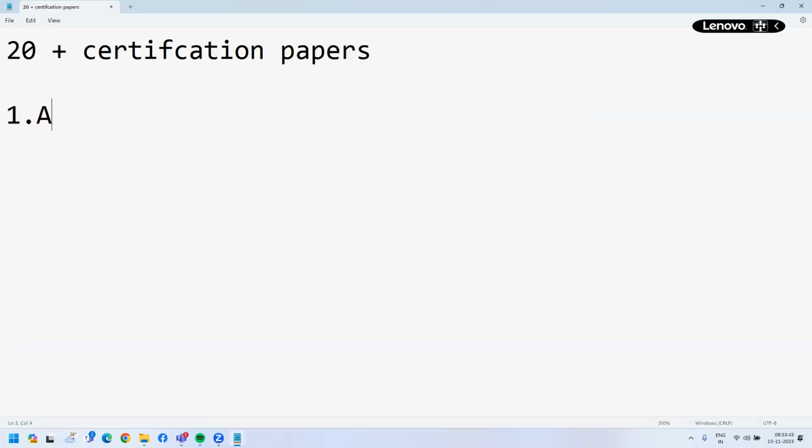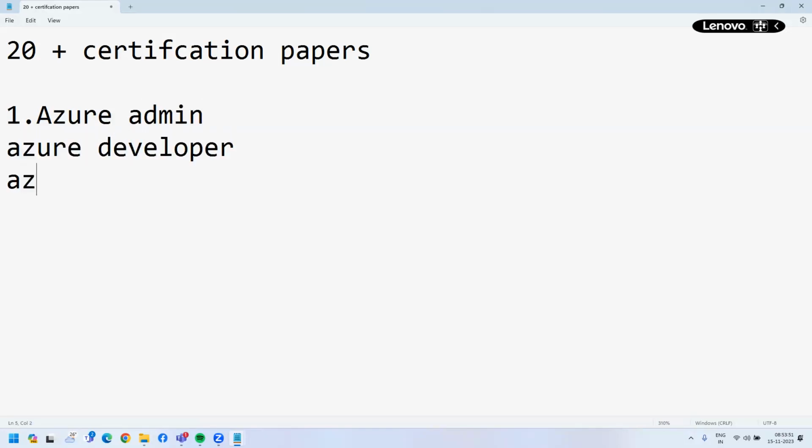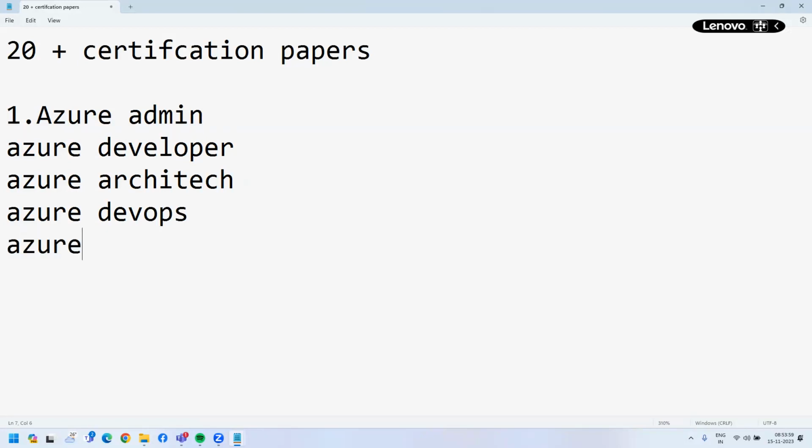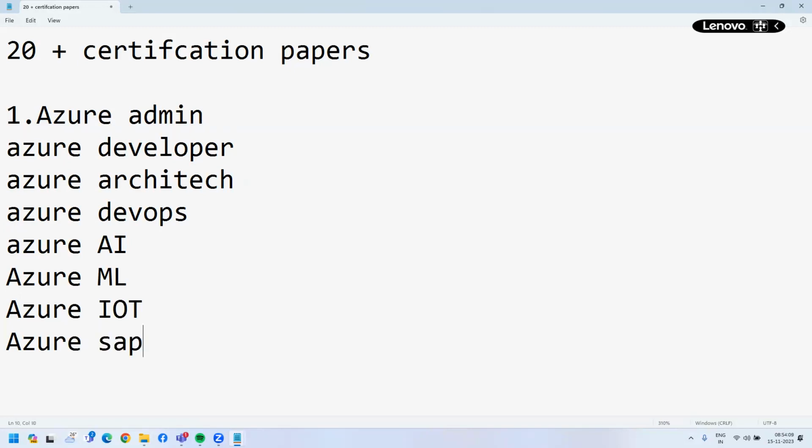Azure administration, next Azure developer, Azure architect, next we have Azure DevOps, Azure AI artificial intelligence, Azure ML machine learning, Azure IoT Internet of Things, Azure for SAP solutions. This is new, guys.